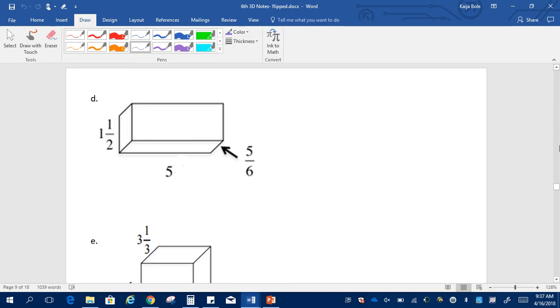So we're trying to find the volume of all these prisms. So remember, volume equals the area of the base times the height. So if we use this formula, we have V equals the area of our base, and I'll shade it in here. It's kind of like this bottom part. Alright, so we have 5 times 5/6, and then our height that connects the two, it is 1 1/2.